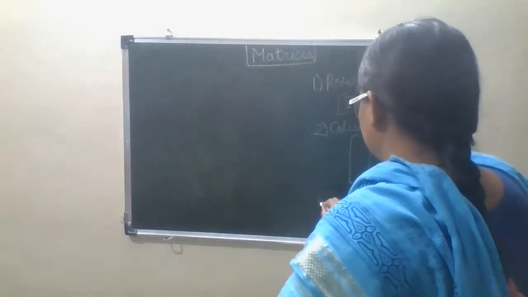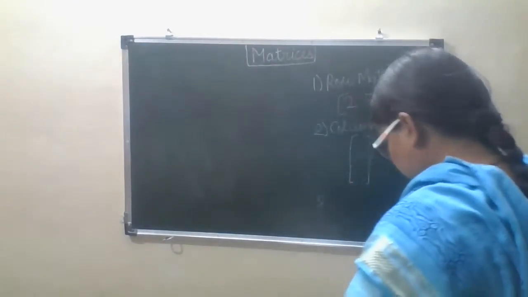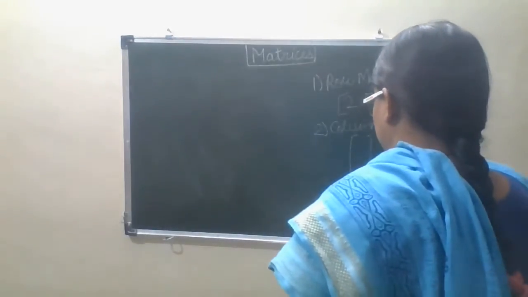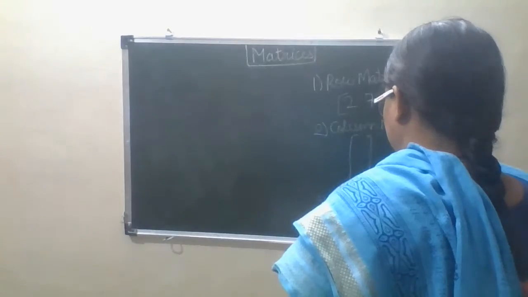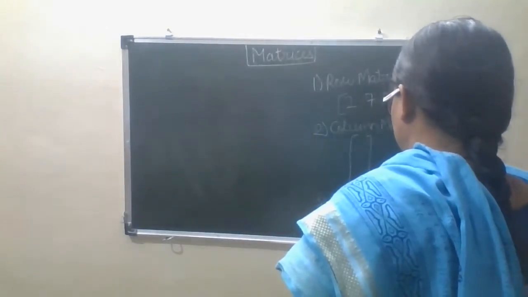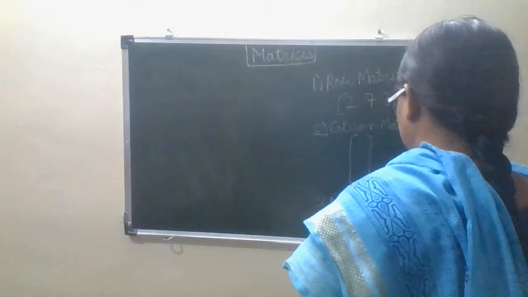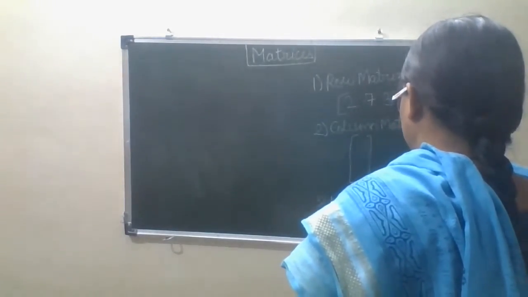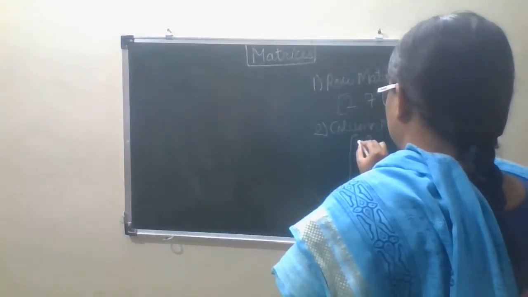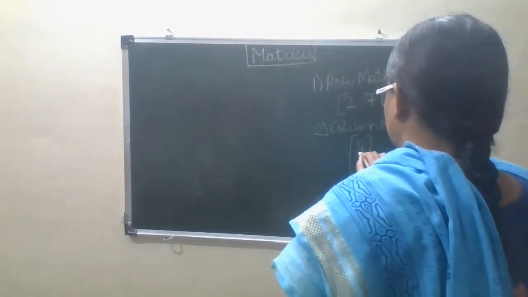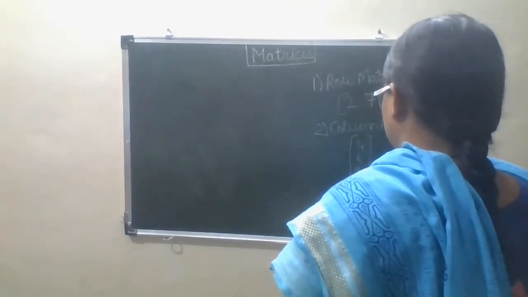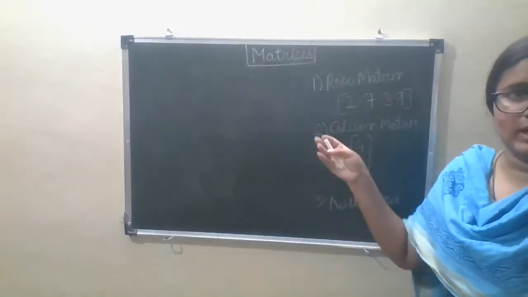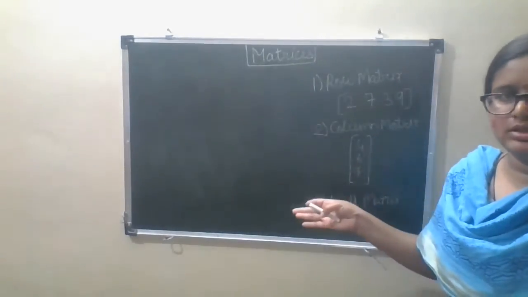Third is the null matrix. These are the types of matrices.